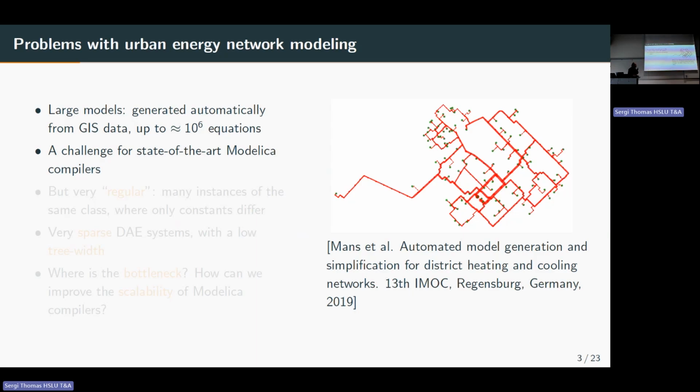There are quite a few papers that you can find in the literature, and at the end of my talk, I will show you a benchmark I've made based on this discrete heating network that is described in this paper that was presented at a Modelica conference 6 years ago.